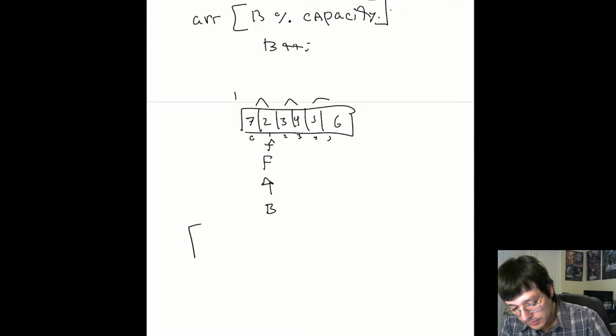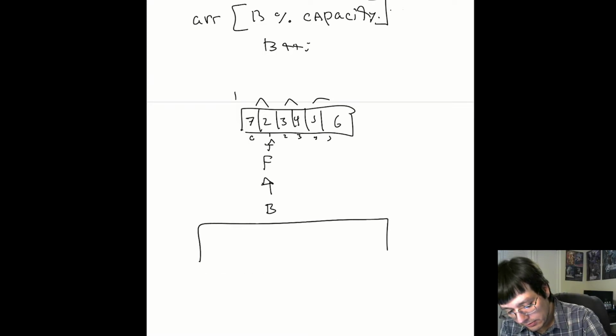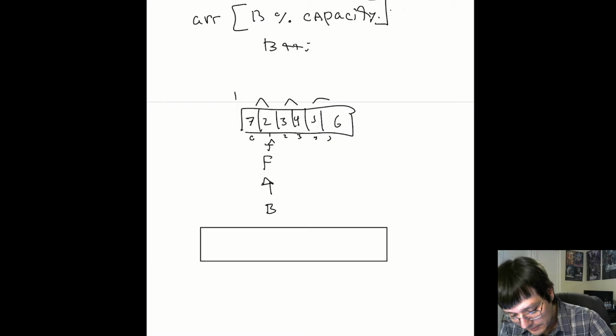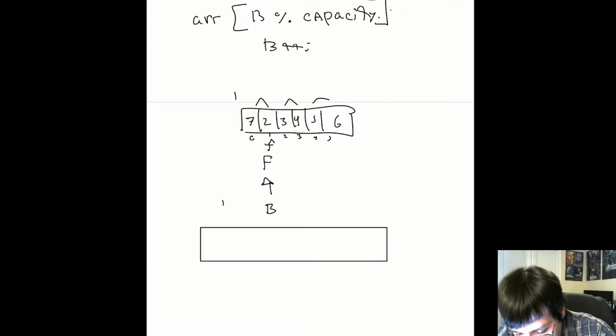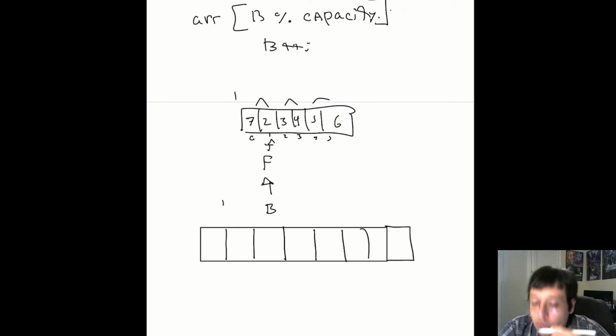So let's make a bigger one. Okay, that failed. There we go. So let's just make one that's like 2 bigger or something. So we have 2, 4, 6, 7. So let's have one more spot. If you just do the for loop copy like with the stack, then you would just literally copy it over.